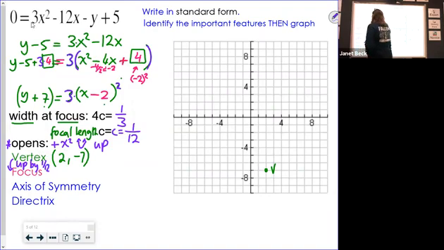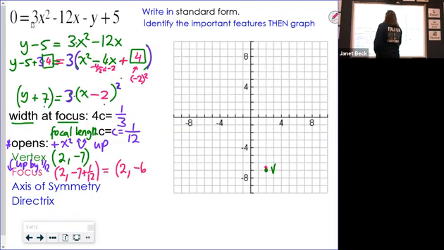Oh, that's disgusting. So my focus is up just a tiny bit. So it's at negative 7 plus 1/12, which would give me negative 6 and 11/12. Yuck.